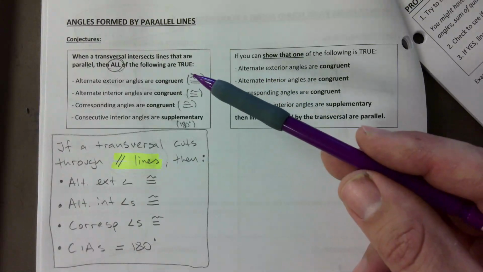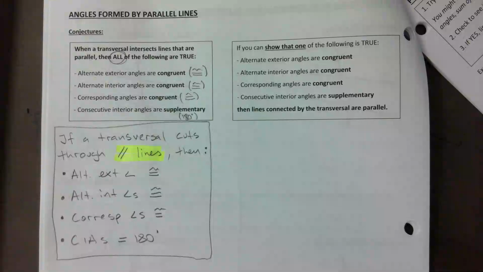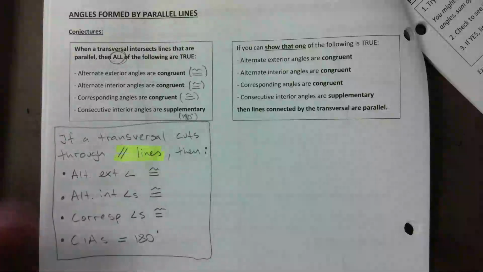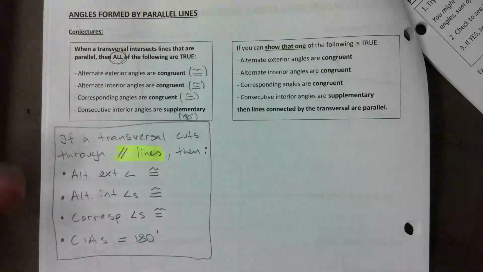So this is: if lines are parallel, then this is true. We know this of all of them. This is the short version of this box up here, so if you want to have this on your study sheet, go for it.